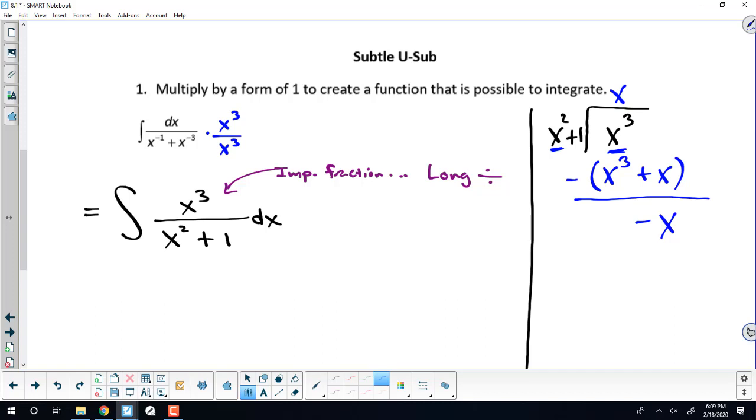Now we've got to remember, once we have this information, how do we rewrite x cubed over x squared plus 1 based off of this? Take the quotient plus the remainder over the divisor.